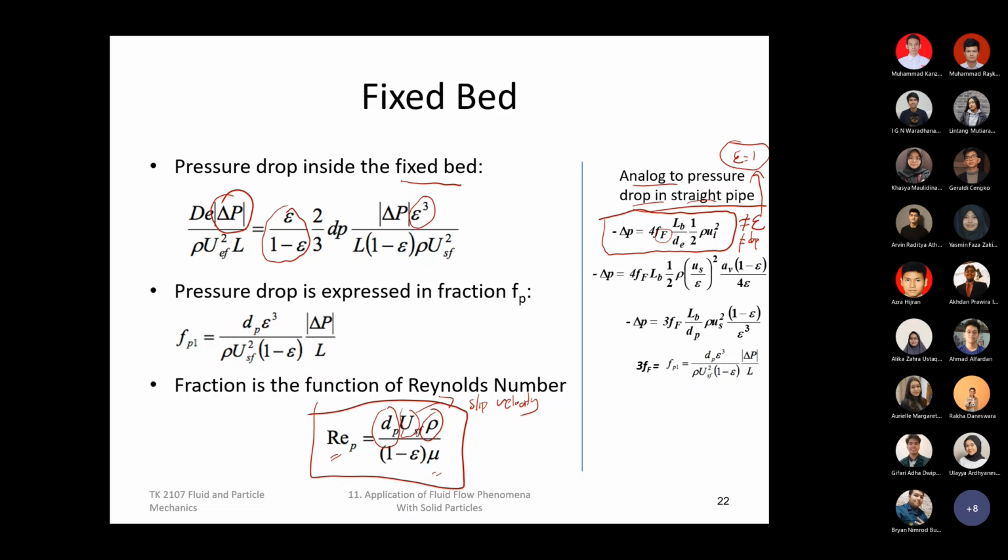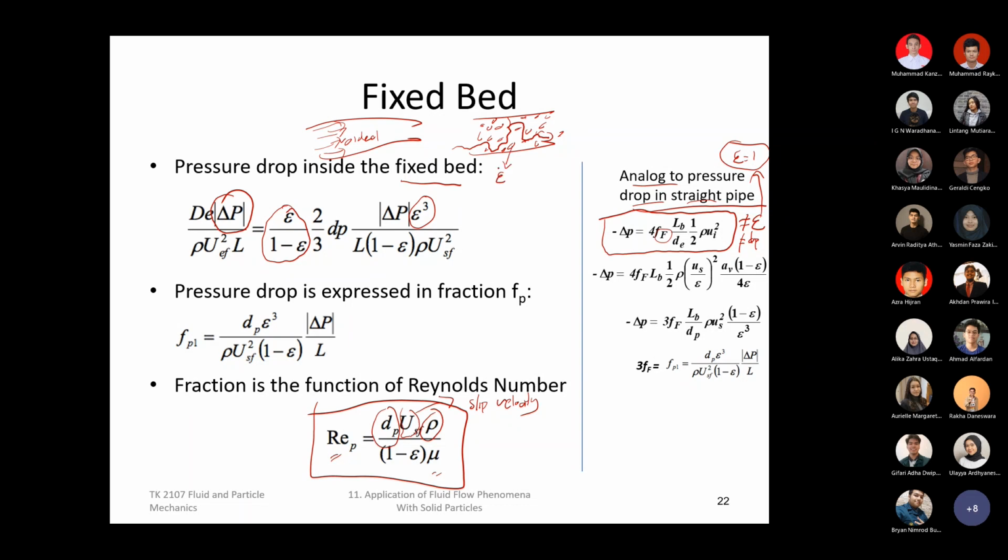The function of this epsilon is that if it's initially voided, then all of this space can be used for a stream. Now you have a lot of particles, so some of the area cannot be used for the stream. So of course it has to move around to find a space.